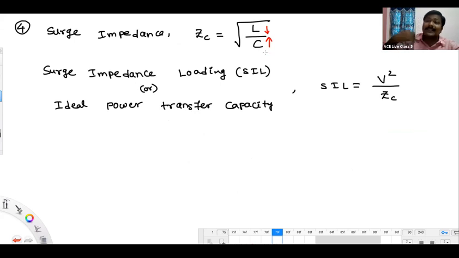And after saying that C is increasing, the denominator is increasing, so definitely ZC value decreases. Whether the numerator is decreasing or the denominator is increasing, both reduce the overall value. So surge impedance value decreases here. Now, if ZC is decreasing, surge impedance loading will be increasing.